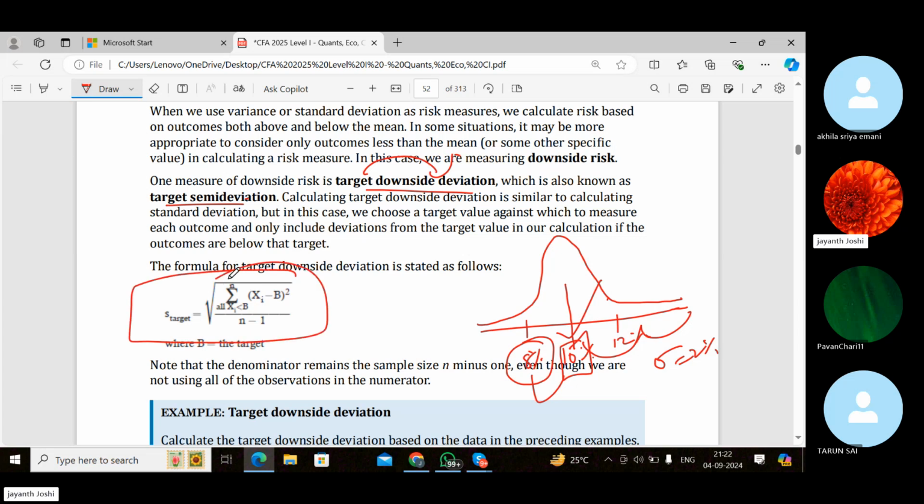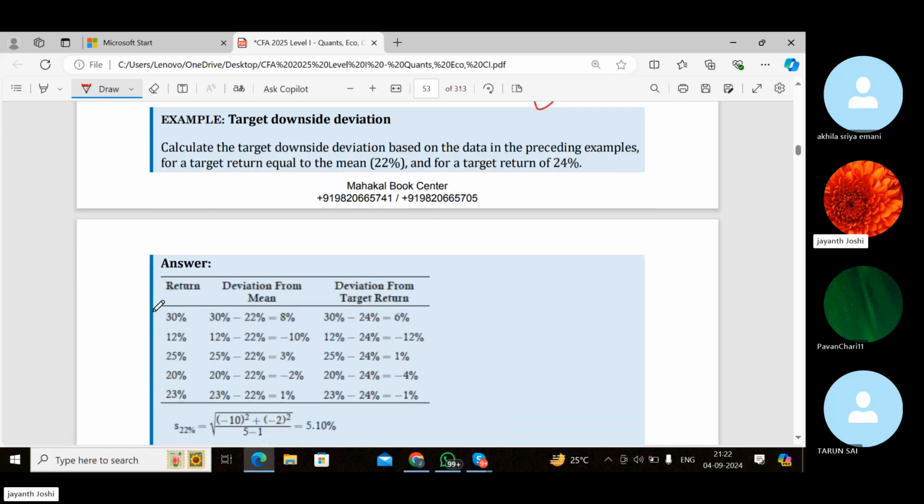There's a formula for that, whereby the B here is nothing but the target return which you have fixed. X bar is your observation of the returns, and you see the deviation between them, and you just try to find out the standard deviation in this case. Okay, so the returns are here, like your data is here from the previous question, it has been taken, and they are asking you to fix two targets, either 22% or 24%.